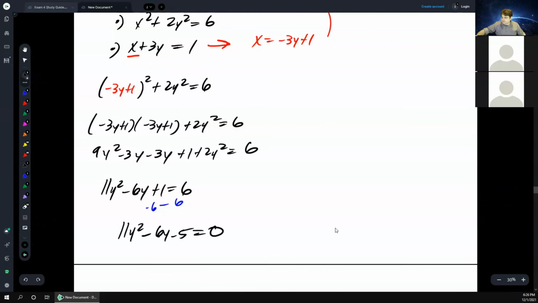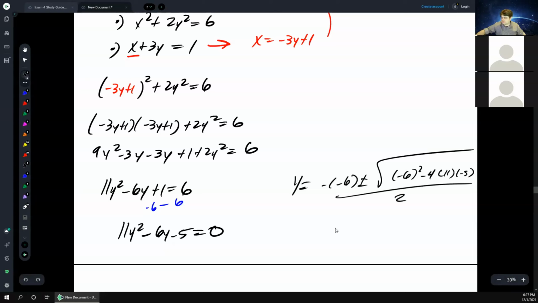So the quadratic formula, it would be what? y is equal to negative b plus or minus the square root of negative 6 squared minus 4 times a times c, all over 2a.